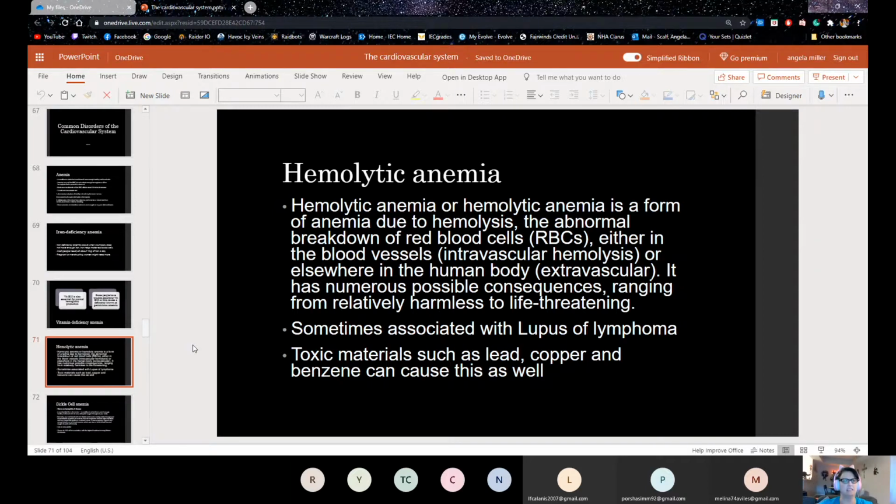Basically, it breaks down our healthy red blood cells, and this is really bad. A lot of times this can range from moderate complications to life-threatening severe. Sometimes we see this with lupus, but mostly we see this with toxins, like somebody who's exposed to large amounts of benzene, like working with chemicals, lead and copper.